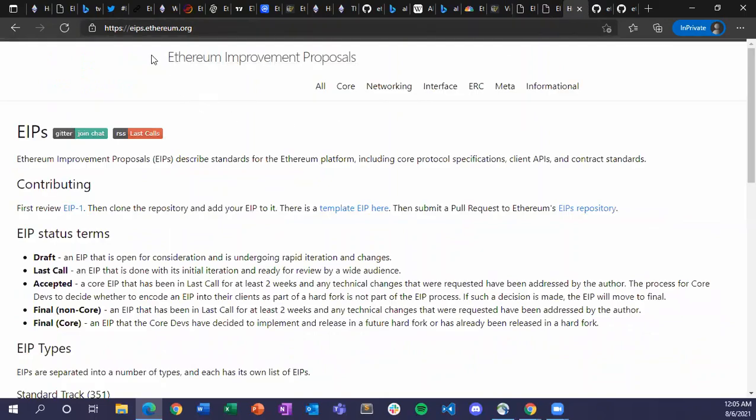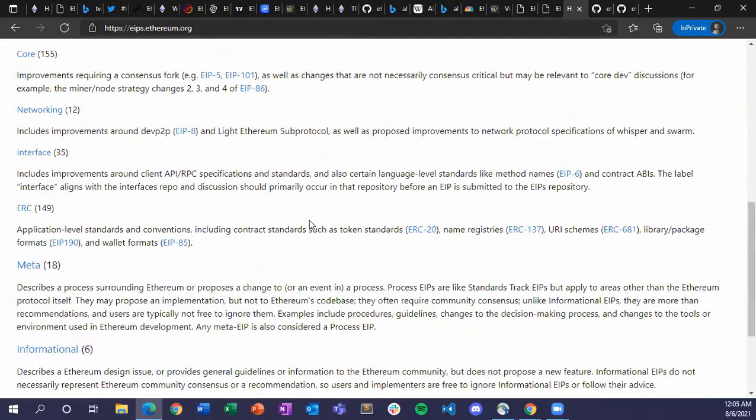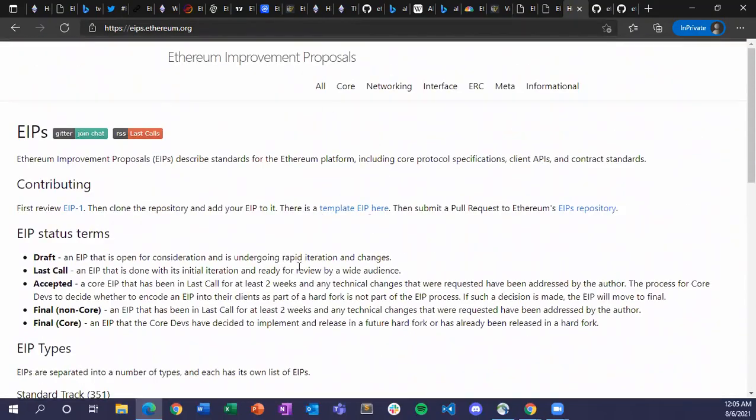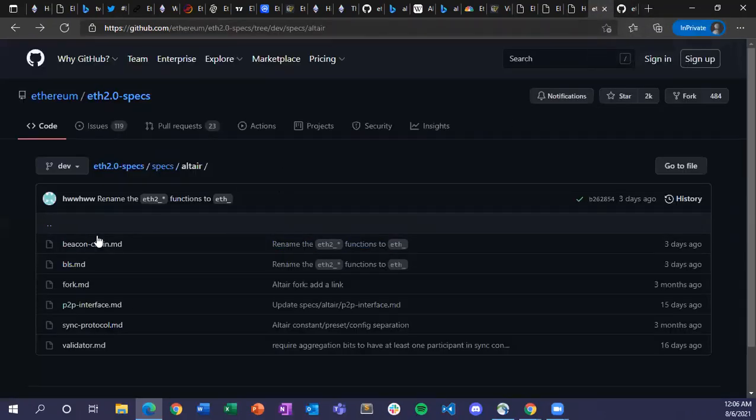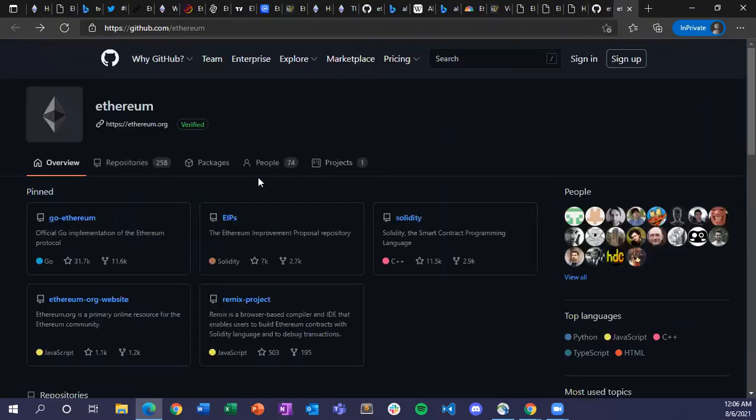And if you want to learn more about other EIPs or Ethereum Improvement Proposals, I'll link to this down below in the description as well. This is the main page for everything about EIPs. And again, this is going over the various specs for Altair and Ethereum's main GitHub page.